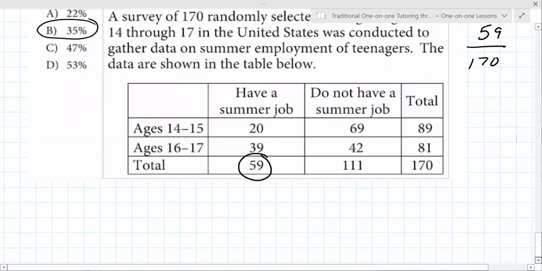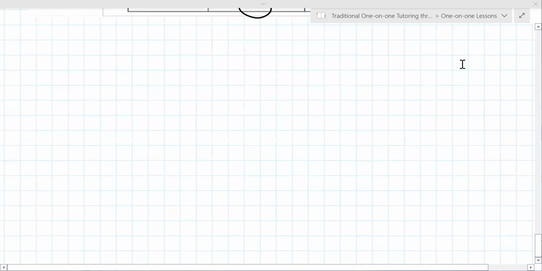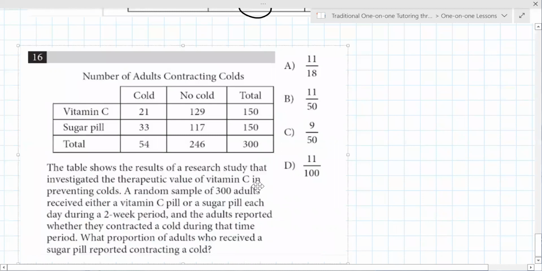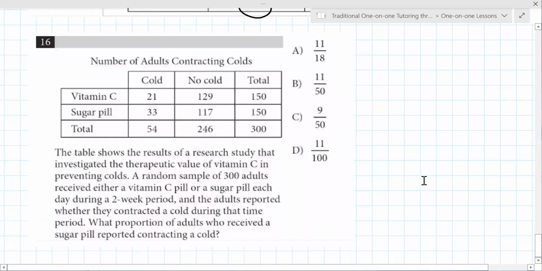Okay, let's look at another question here. You've done really well with these table problems, so let's take a look at another one here. There's a lot of words, and I know that that's challenging for you, but that's okay. We can do this. So this table says the number of adults contracting colds.